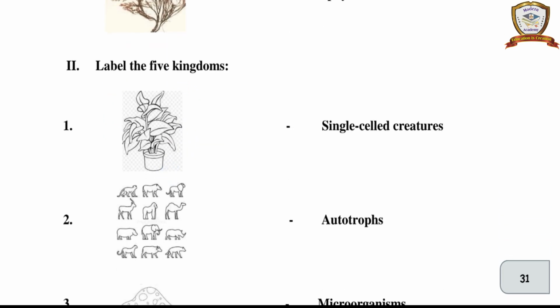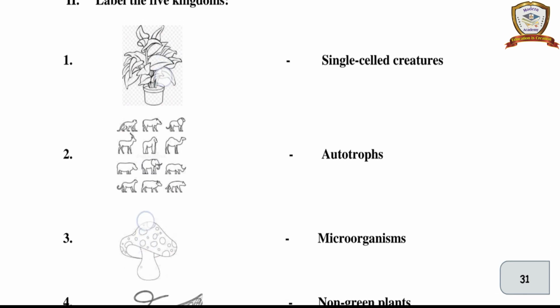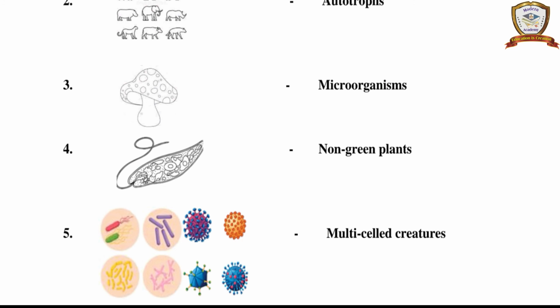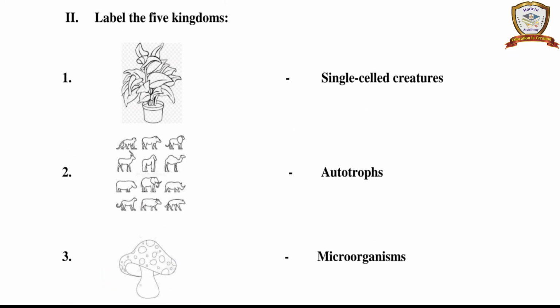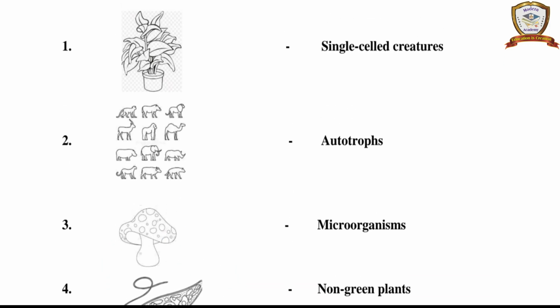Next, label the 5 kingdoms. Single celled creatures: which one is single celled? You can see or observe the images and find it easily. In the given pictures, which one is a single cell creature? Next, autotroph.